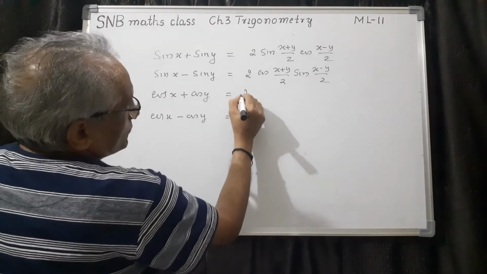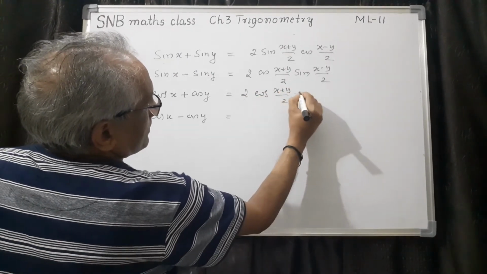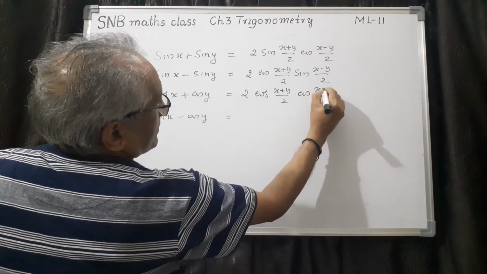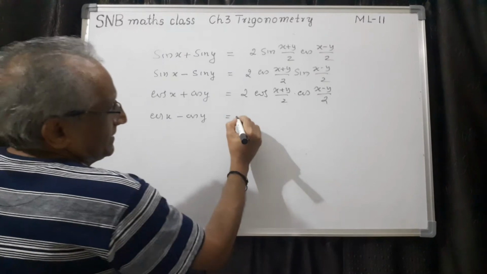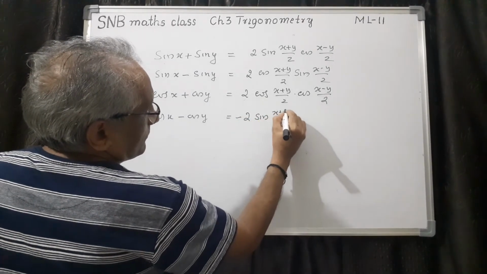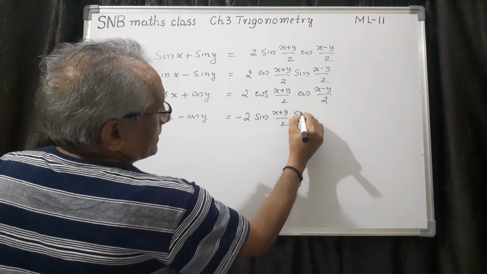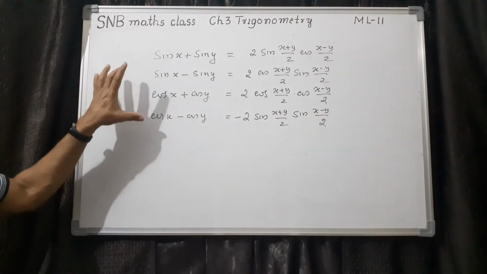Here it is 2, both cos (x plus y)/2 and cos (x minus y)/2. Then here it is minus 2 sin (x plus y)/2 sin (x minus y)/2. So this is the one set.